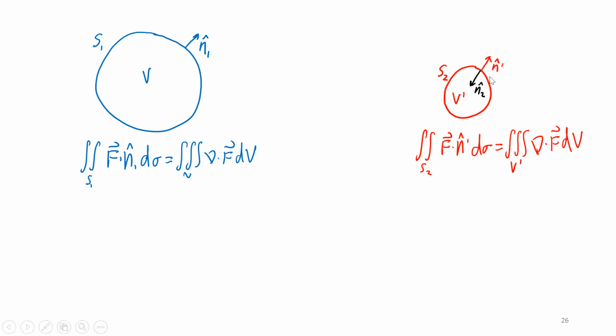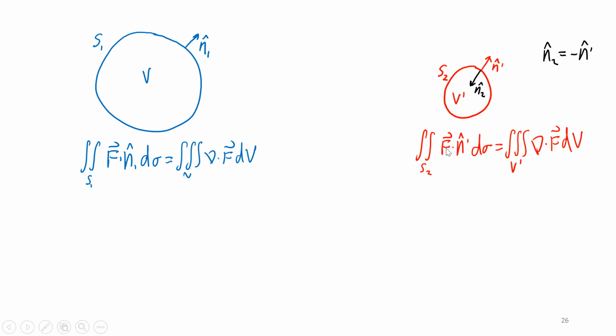So the N2 vector that we will care about is actually pointing in the exact opposite direction of this N hat prime that I drew here. So let me write here: N2 hat is equal to minus N hat prime, right? So that's the relation between these two normal vectors.